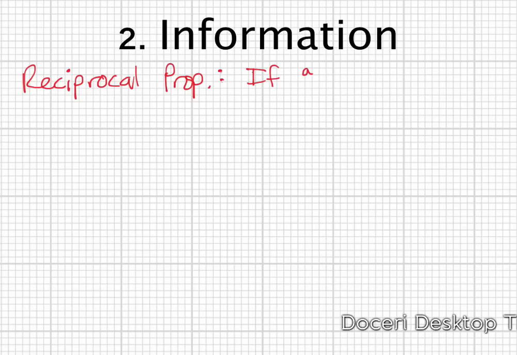So if I have A over B equal to C over D, if I flip my A and B and C and D, I still get a true proportion. So if this is true, then B over A will equal D over C. Will also be true.